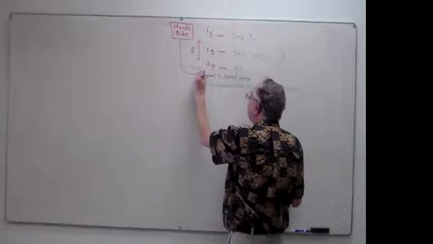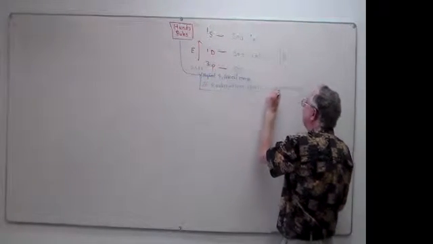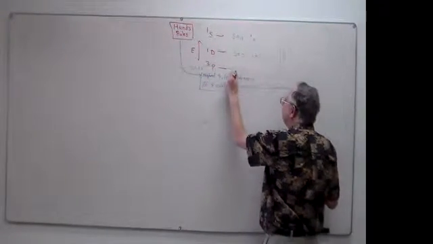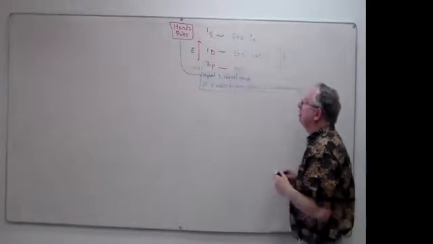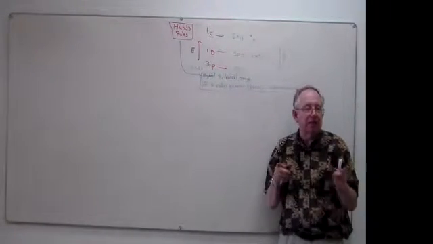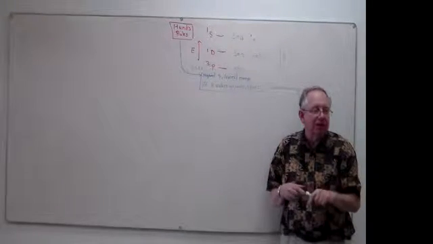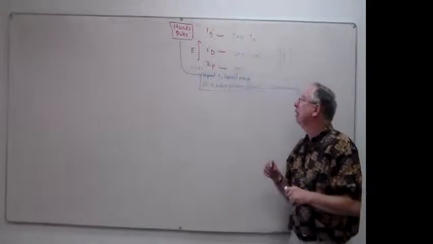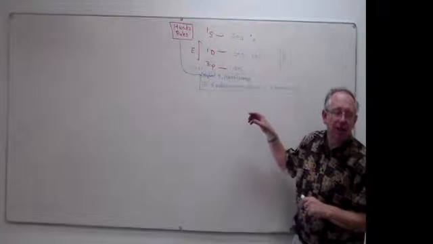Okay, then we have 2 rules that guide the ordering. Here they are. The term with the highest capital S spin quantum number is the lowest energy one.